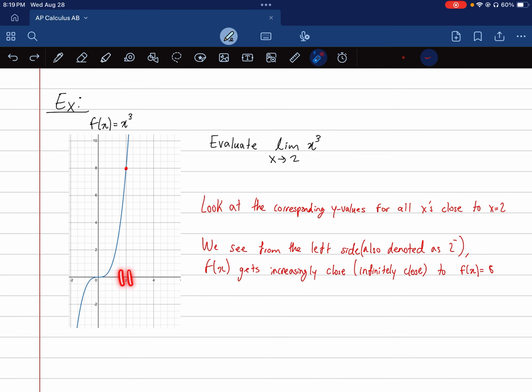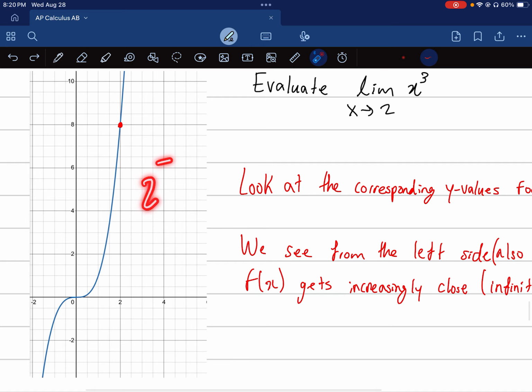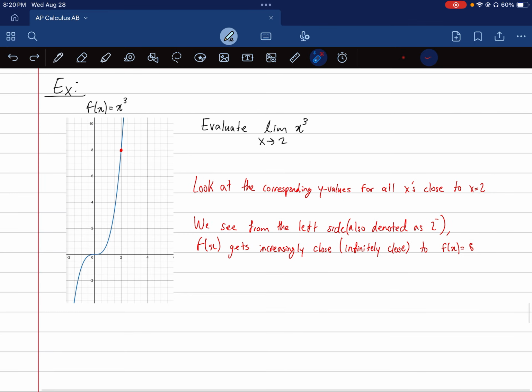As we get closer and closer though, we notice that from the left side, which we denote as 2 from the negative side, f of x gets increasingly close, or actually infinitely close, to f of x equal to 8.